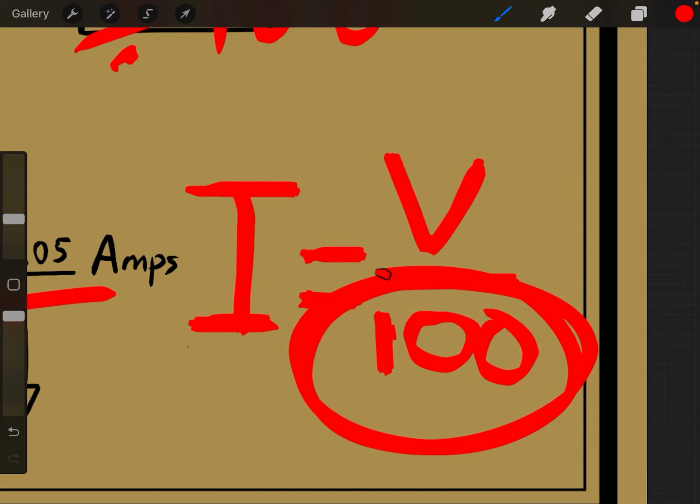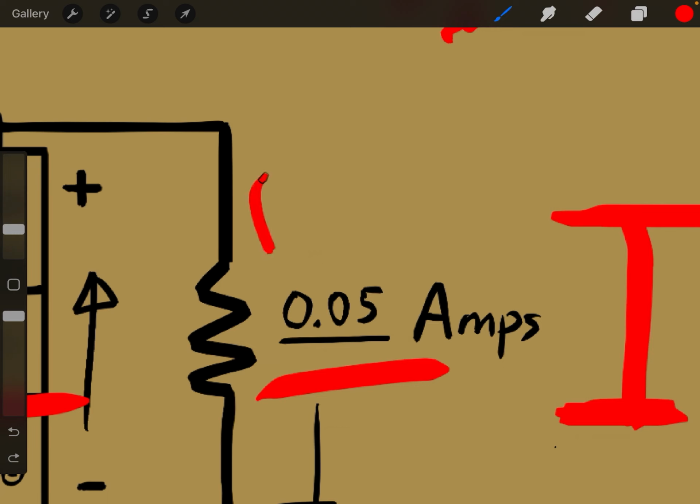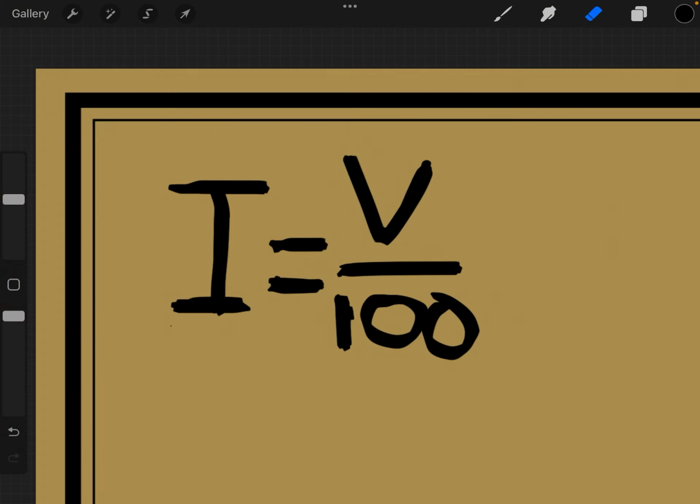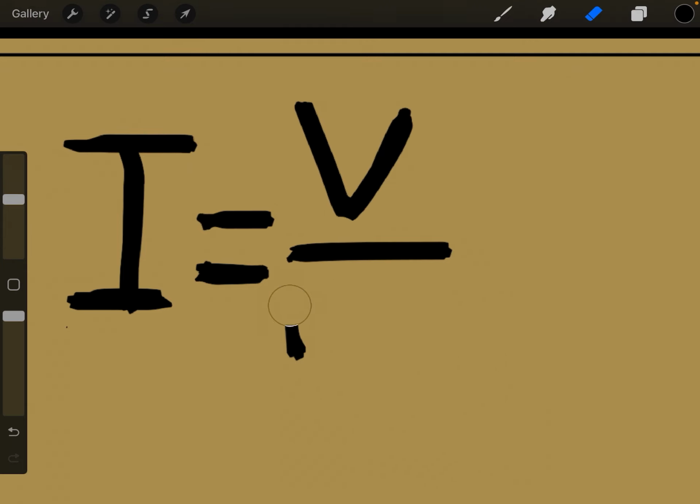This value, 100, is the value of our resistor. That is to say that this resistor has a resistance of 100 ohms. Ohms is the way that we measure the value of resistance, and it comes from this formula exactly. So instead of this 100, I'm going to put an R for resistance.